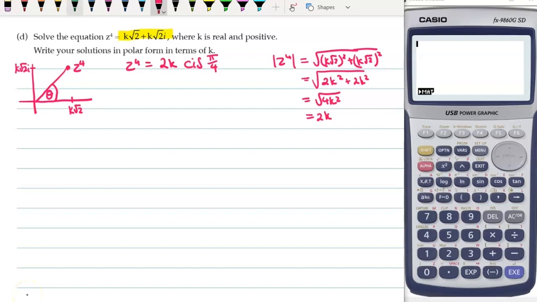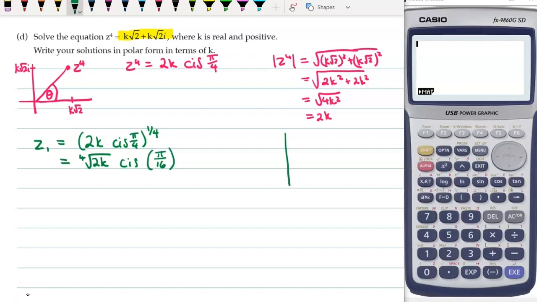Okay, now on to using de Moivre's theorem to find the roots. So the first root is by doing 2k cis pi by 4 to the power of a quarter. Now the modulus gets put to the power of a quarter, so that's the fourth root of 2k, and the argument gets divided by 4, so this will be pi by 16.